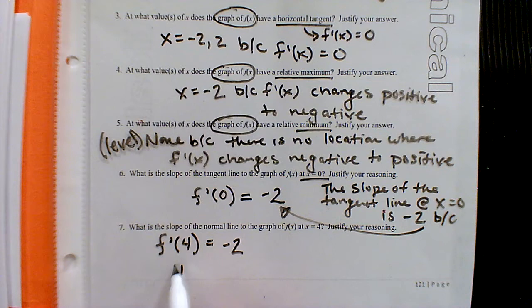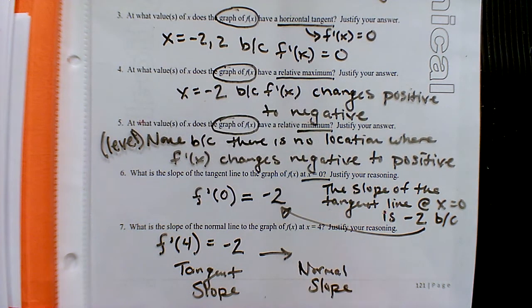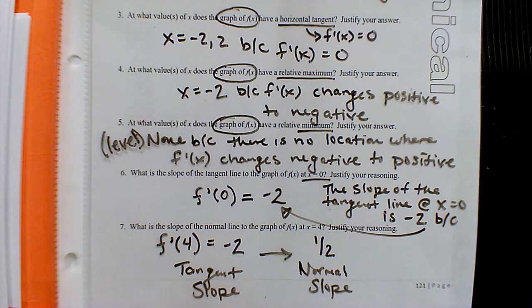If that's the tangent slope, what would our normal slope be if they're perpendicular? Yeah, 1/2. We need the opposite reciprocal.